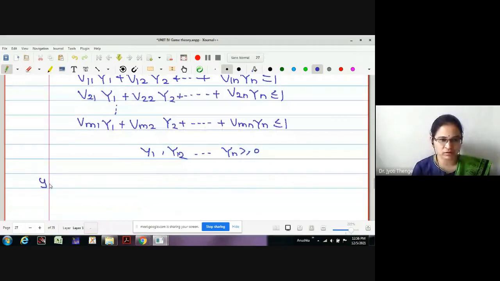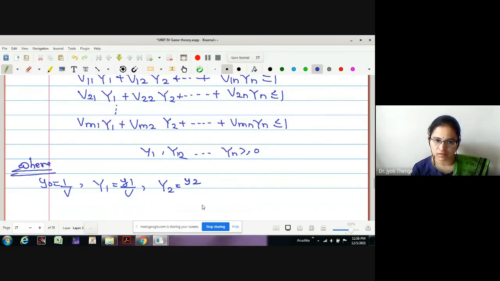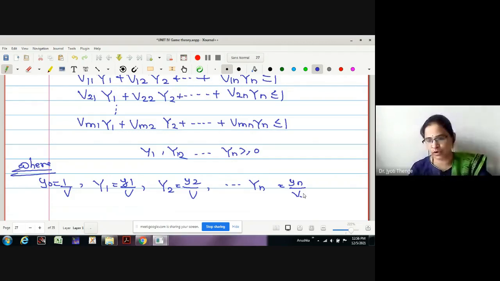For y naught, our objective function is 1 by v. Capital Y1 is small y1 by v, capital Y2 is small y2 by v, and capital Yn is small yn by v. This is the equivalence or the relation between a rectangular game and a linear programming problem.